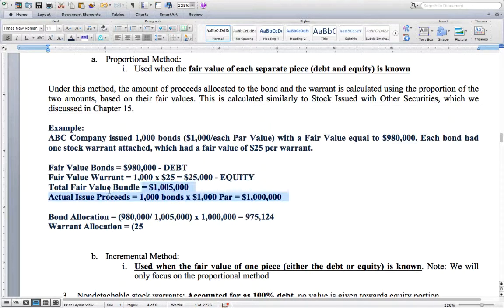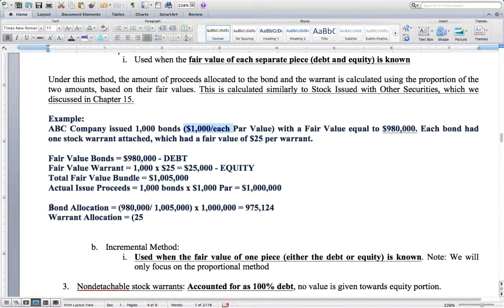The actual amount of proceeds that we received was $1 million, and that is the 1,000 bonds times the $1,000 par value for each bond. So determine what the bond allocation is.